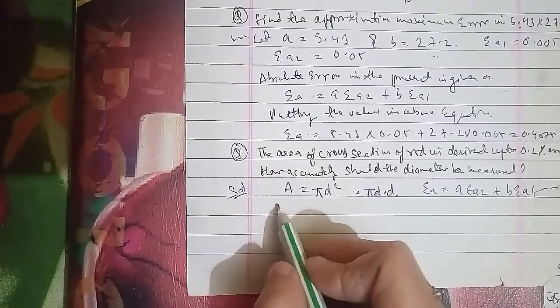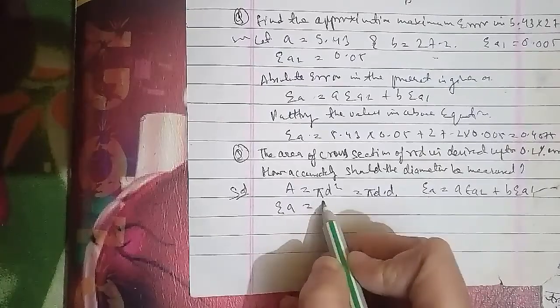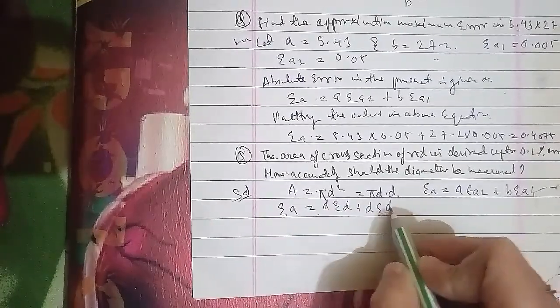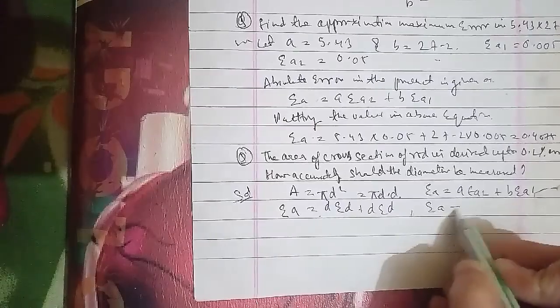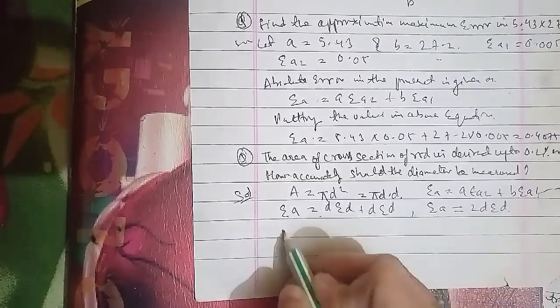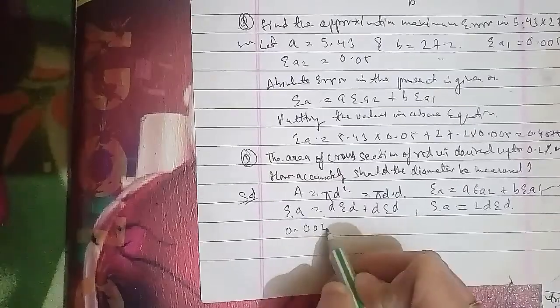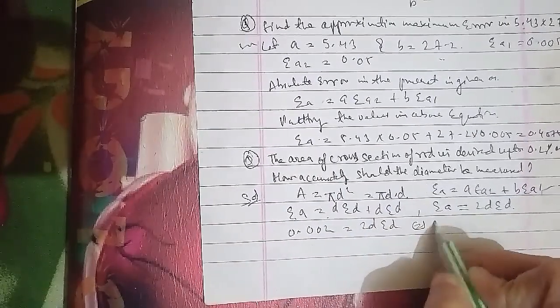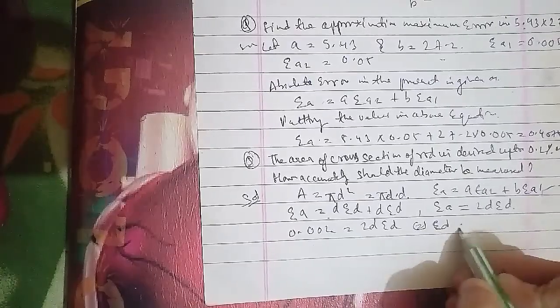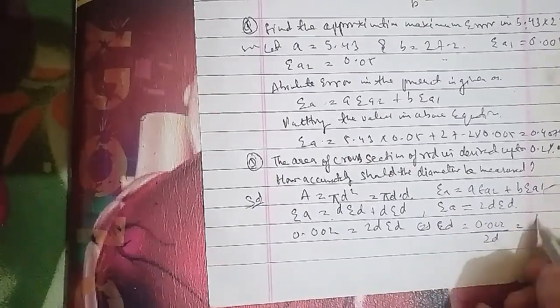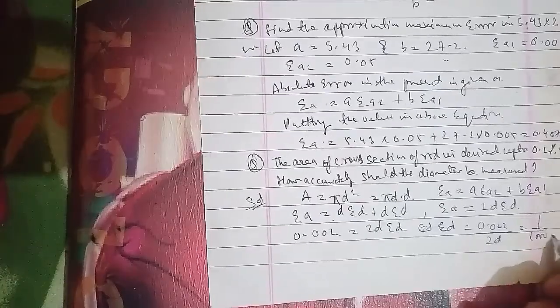Here EA equals 2 d Ed, so putting the value, 0.002 equals 2 d Ed, and that gives Ed equals 0.002 upon 2d, which equals 1 upon 1000d. So the error in the diameter should not exceed 1 upon 1000d, which we have as an answer.